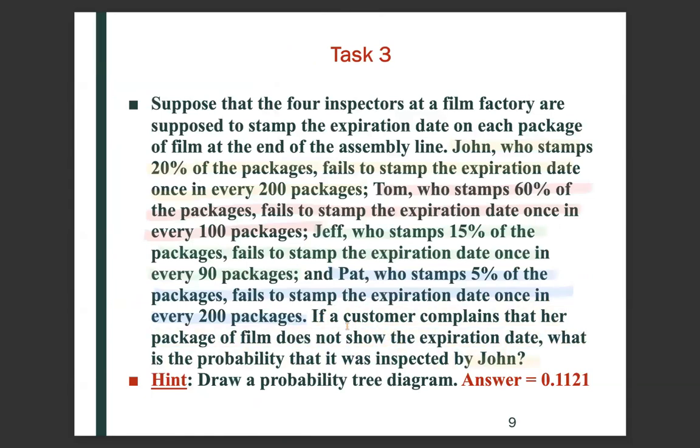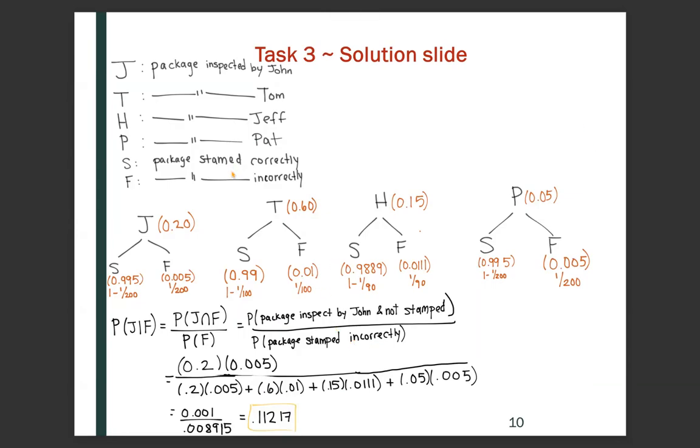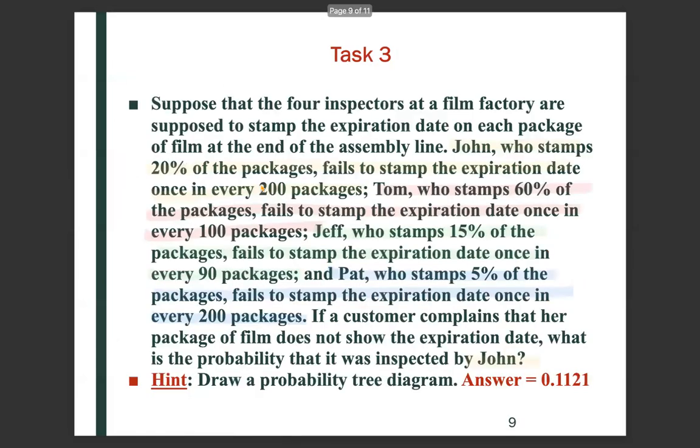If a customer complains that her package of film does not show the expiration date, so in other words, that the package was stamped incorrectly, what is the probability that it is inspected by John?